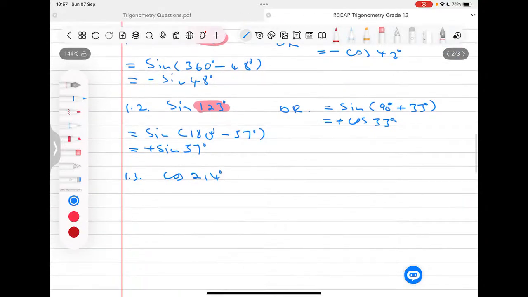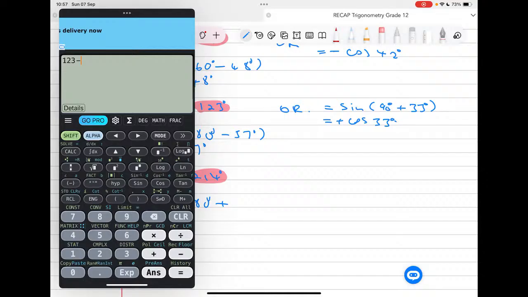Now, when you want to reduce this, the first thing you have to do is look at this angle and understand that it lies in the third quadrant, right? So it's in the third quadrant. And an angle in the third quadrant is defined as cos of 180 degrees plus something.